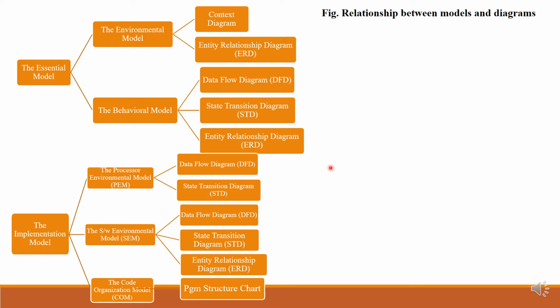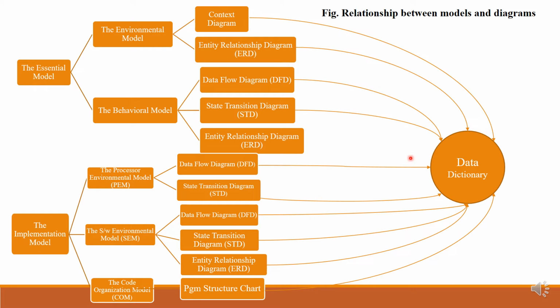However, in this portion of the syllabus, we are just trying to understand what the essential model is completely. All this is driven by the data dictionary. So we'll also understand what a data dictionary is and how it is useful to store various entities of the different models.